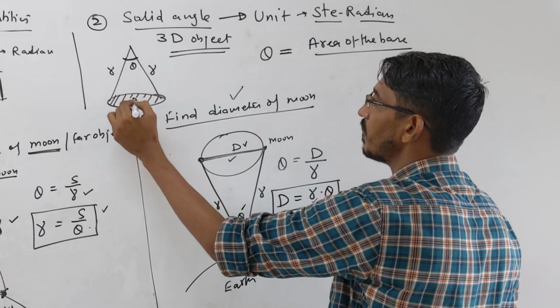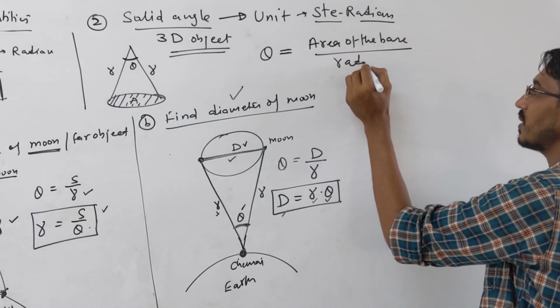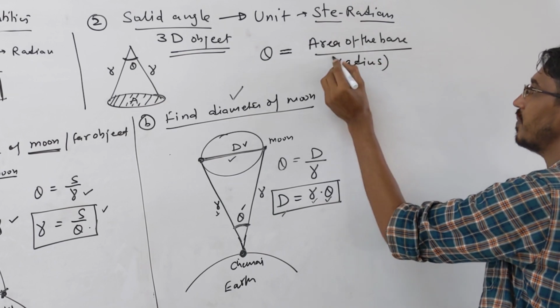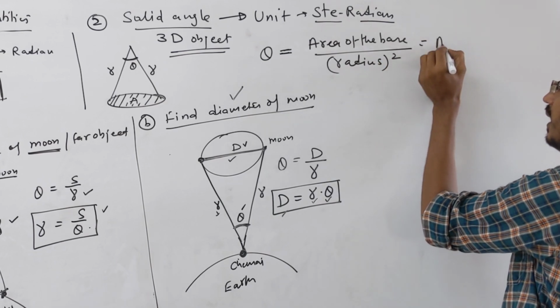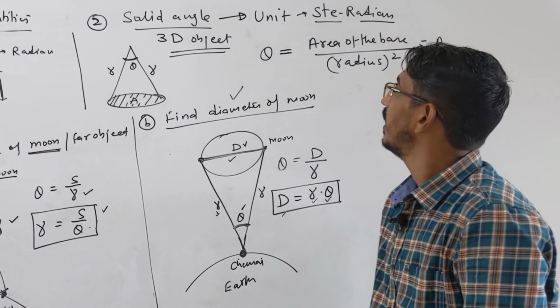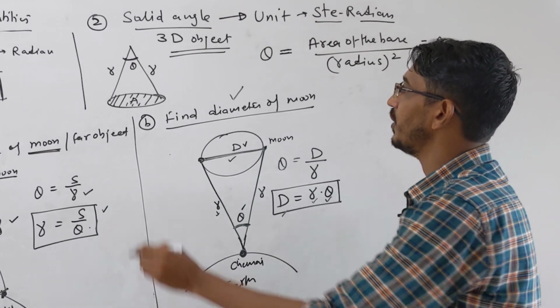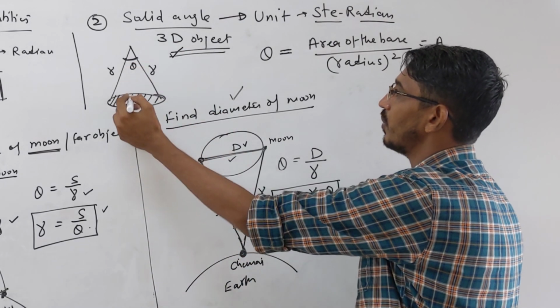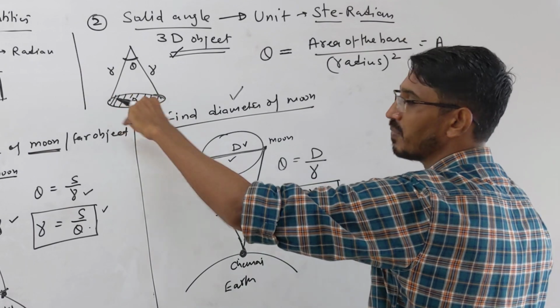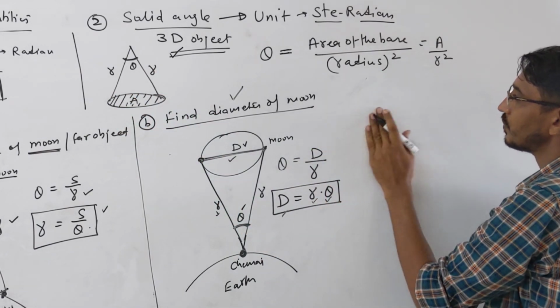So we are talking about area, and the radius or height, sometimes radius square, A by r square. That's your steradian, unit of solid angle or 3D objects' angle, right? You have a cone with a circular type of base, the cone can also have a square type of base.